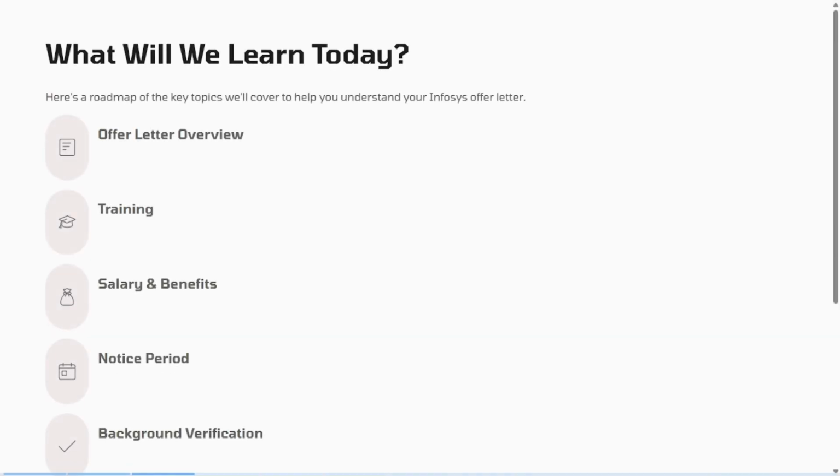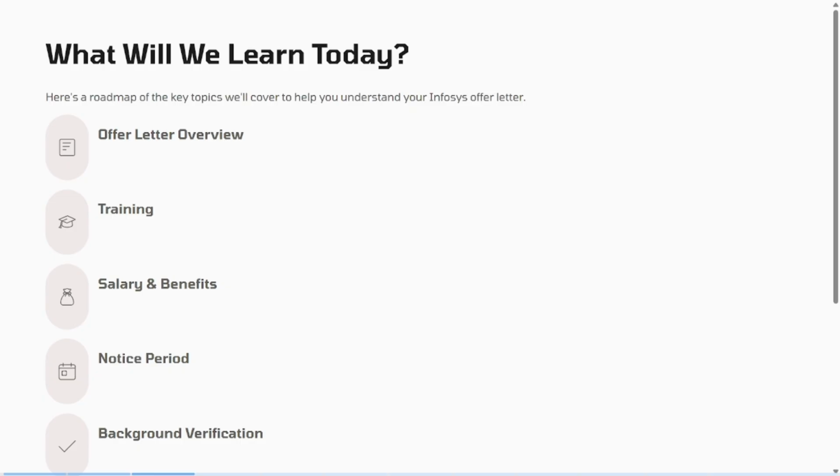Before we start, let me quickly tell you what we will cover in this video. First, I will explain the basic details of the offer letter like role, joining date and location. Then we will discuss the training section because many freshers have questions about it. After that, we will look at salary benefits and the 1 lakh compensation clause.